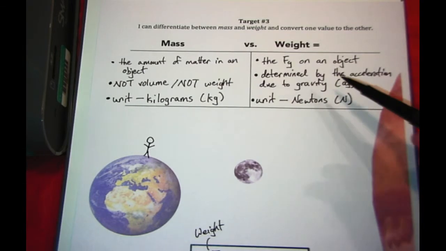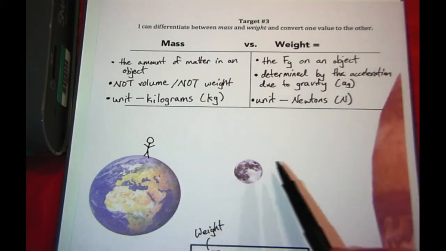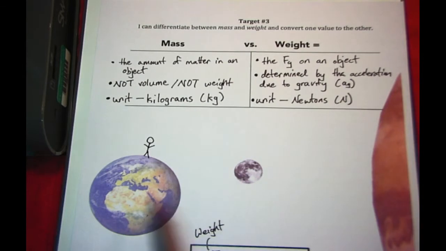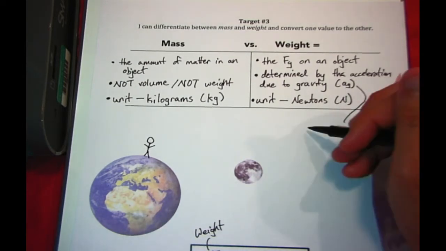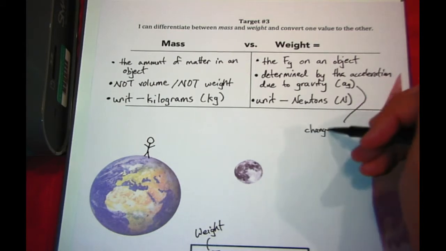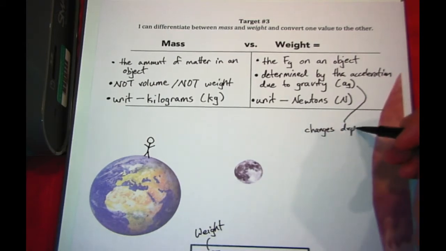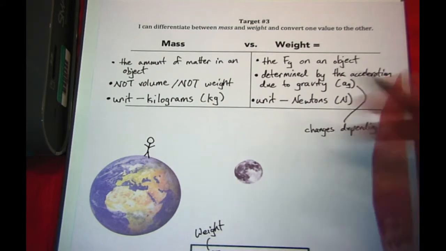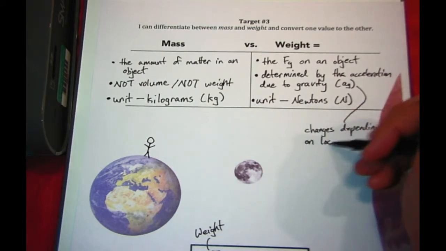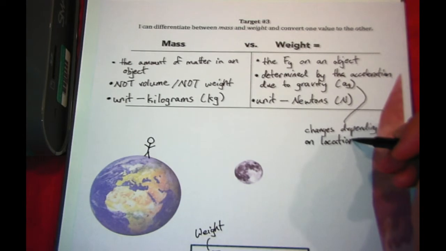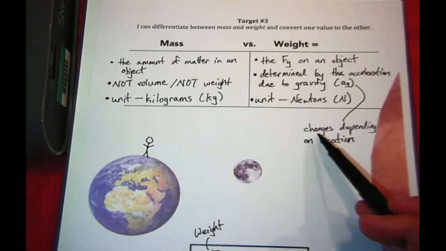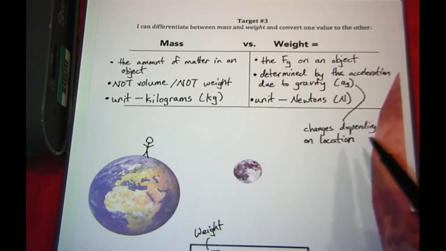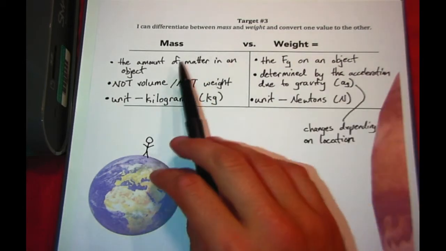And this acceleration due to gravity is going to be different depending on the location, or what planet you're on. So we're going to say that it changes depending on location. Let's delve into what this means. Changes depending on location. And this is going to help us differentiate between mass and weight.